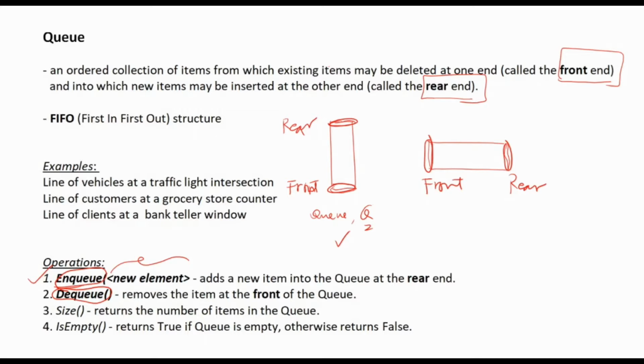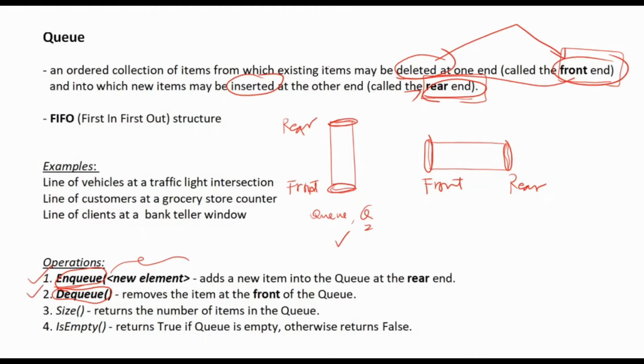So again, recall the definition that you delete from the front end and insert to the rear end. The operation insertion for Q is called, again, NQ, and for deletion, it's called DQ.